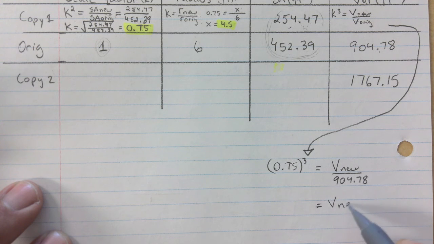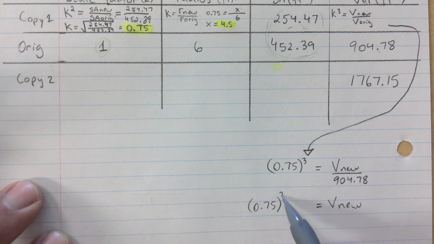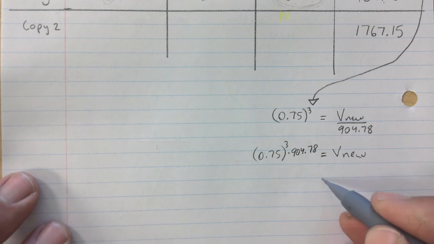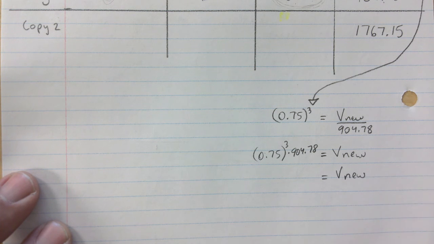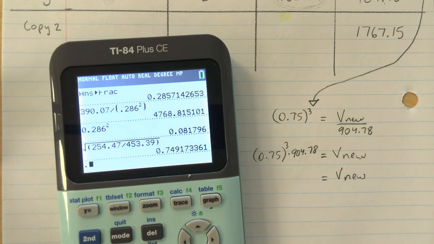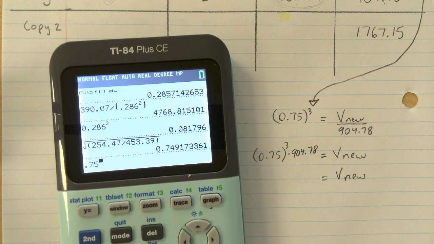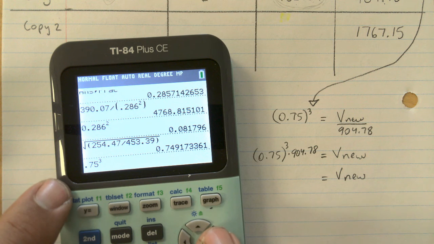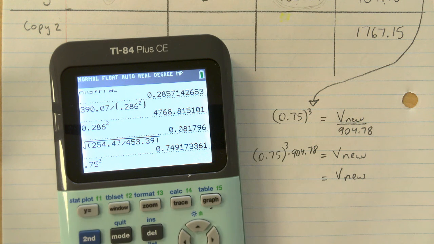Okay, so volume of new is just 0.75 cubed times 904.78. So we go 0.75 to the power of 3, and you've got to be careful. You've got to go arrow sideways till it comes back down, or else you're going to continue with the power, times 904.78.